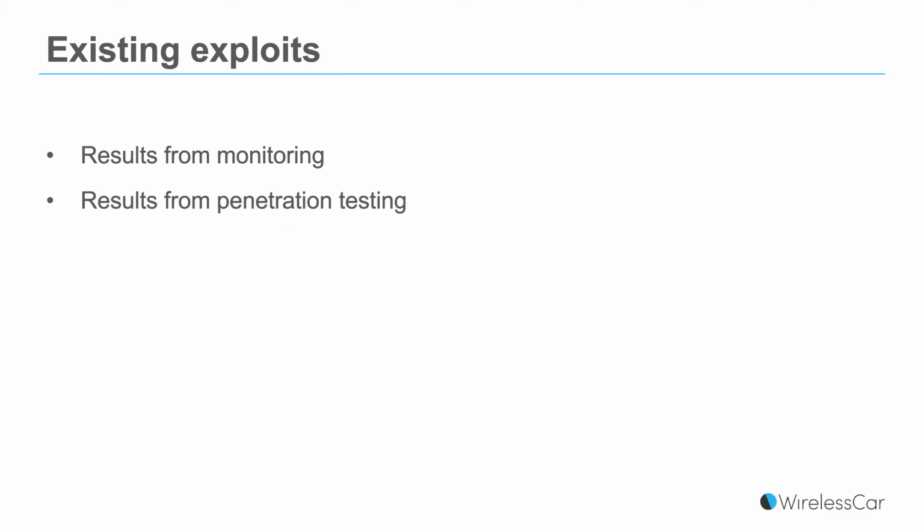Other places where we can find security testing and sources of our tests is to look at the monitoring we have. Chances are that you are deploying your application on the internet.